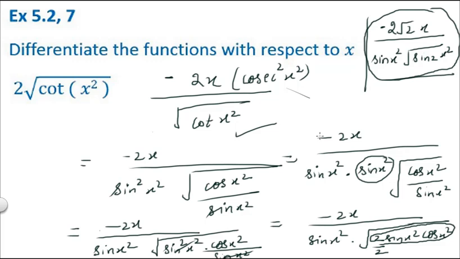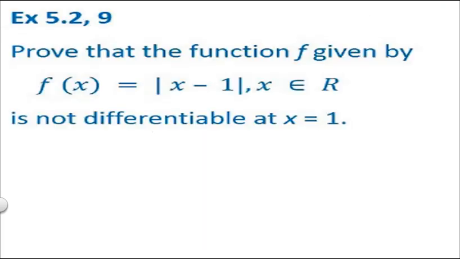Now I'll discuss questions on differentiability of exercise 5.2. Let us see how we do them. Here comes a question where you have to prove that the function f given by f of x equals modulus x minus 1, where x belongs to real numbers, is not differentiable at x equals 1. So what is our c here? Our c is 1 here. Clear?